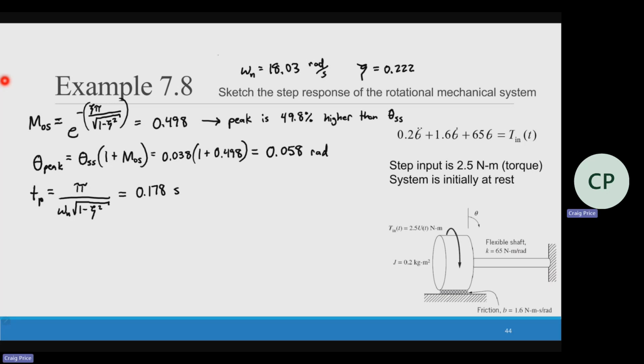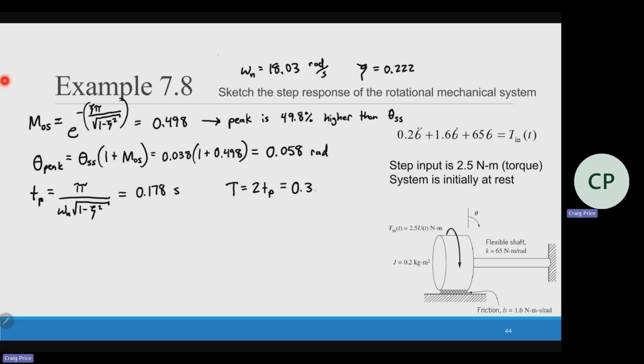Okay. We already found settling time. Now, period is basically the same equation, but times 2. So the period is really just 2 times my peak time. And remember, period is like from peak to peak, or from valley to valley.